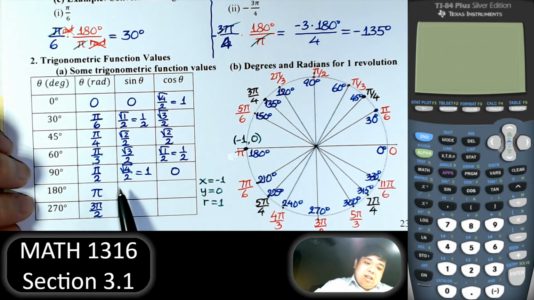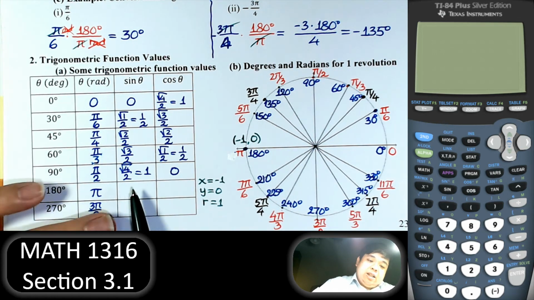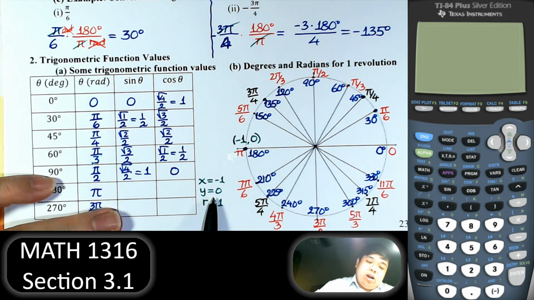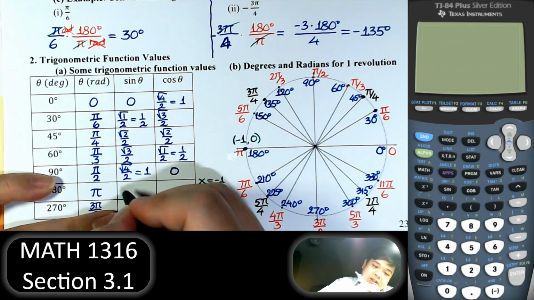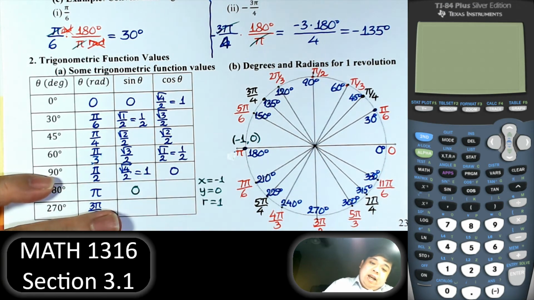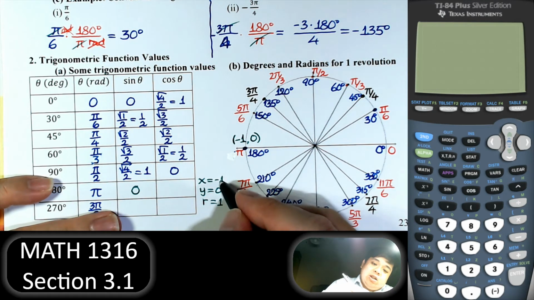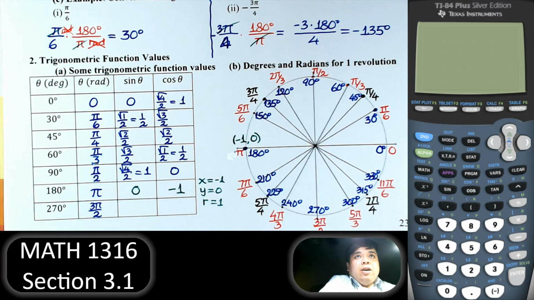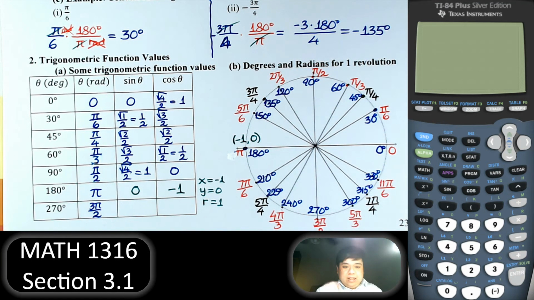So use that, and sine is what? Y over r. So sine is y over r, and cosine is x over r. Right, like I said, when all fails, just go back to the definition, and that will work just fine.